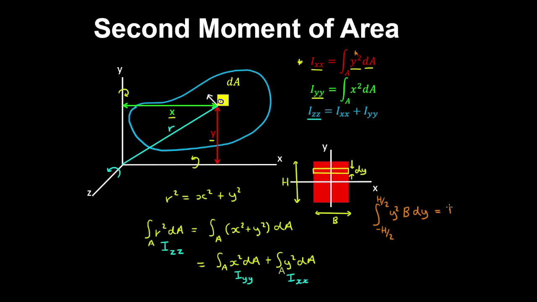And if we take b outside the integral, then we obtain y cubed on 3 evaluated from minus h on 2 to h on 2. So that gives b by h cubed on 3 by 8, which is 24, minus negative h cubed on 24.